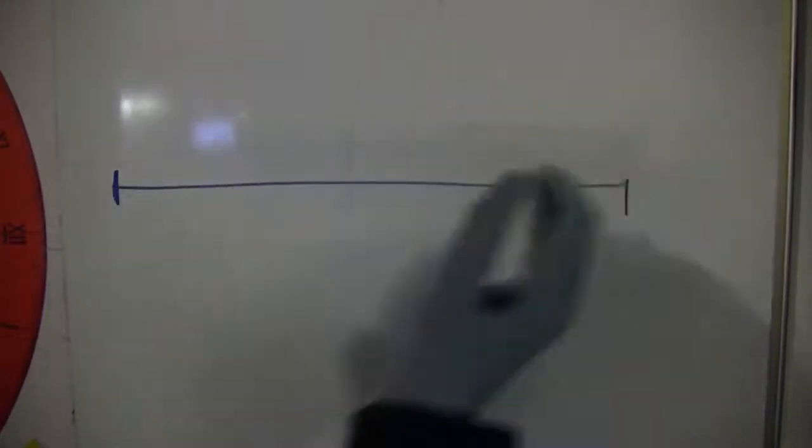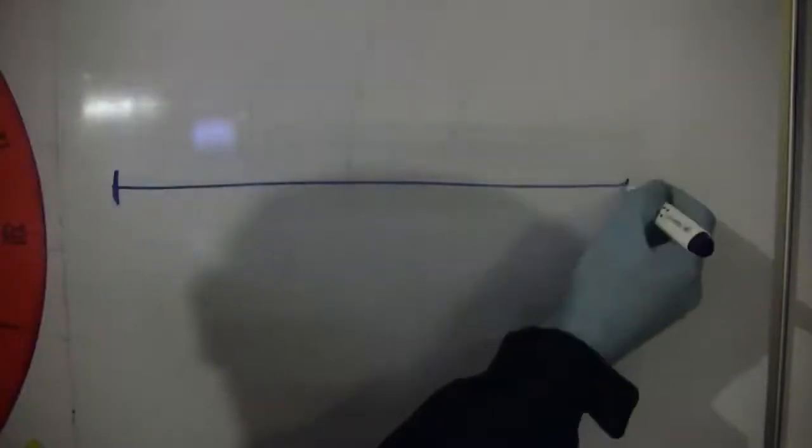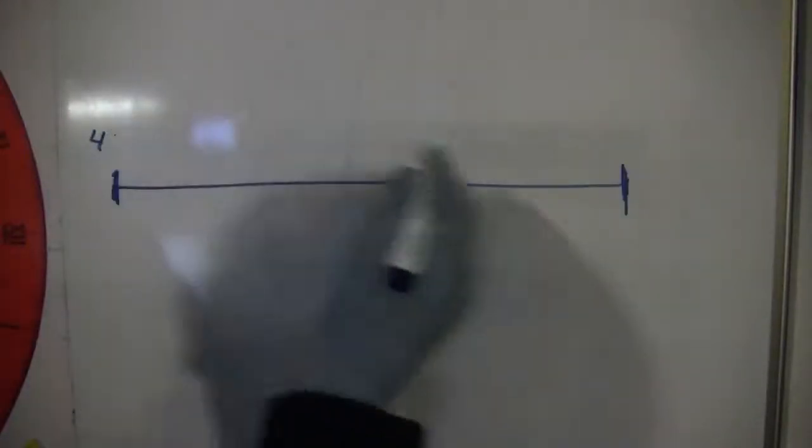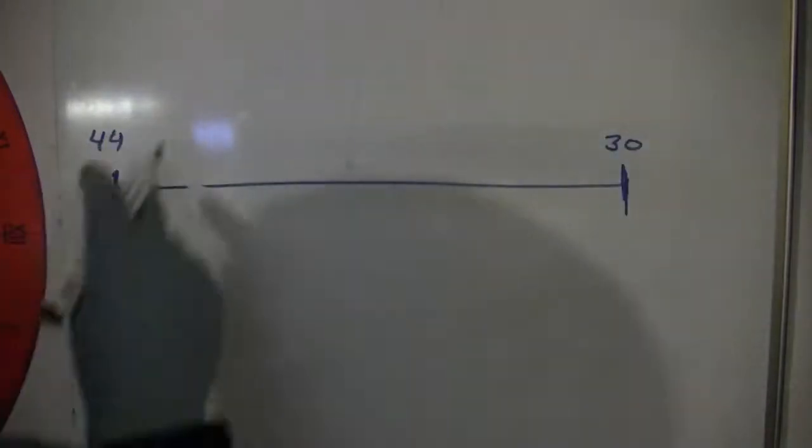So let's say these are the latitude lines. Sydney's latitude is between 30 and 45.